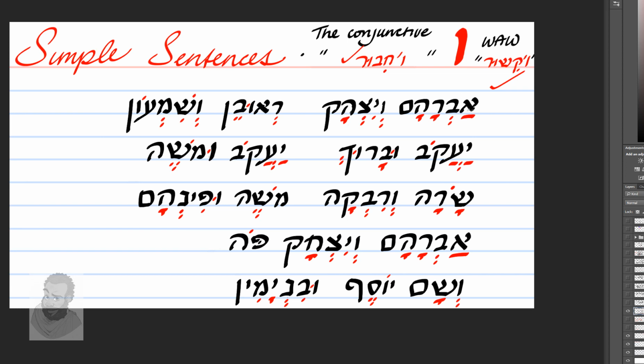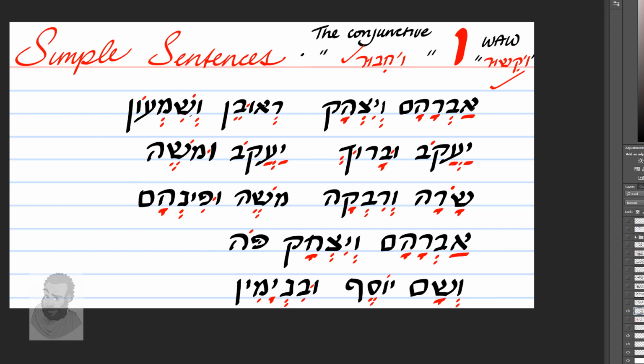So we have here Avraham ve-Yitzhak. Avraham and Yitzhak, as in Isaac. So Abraham and Isaac. This is Yitzhak, not Yishak. Remember, short vowel right here because of the shva. So Yitzhak.